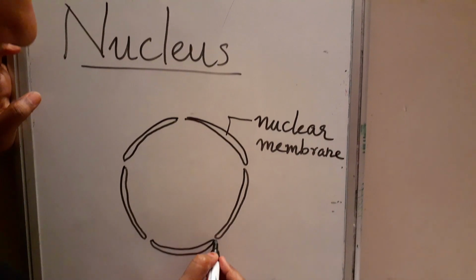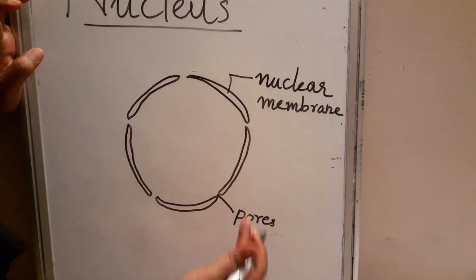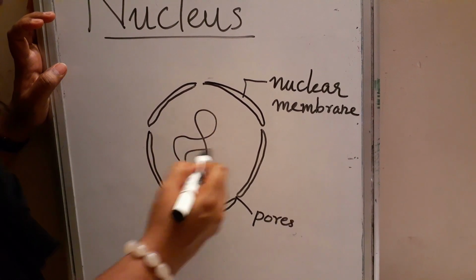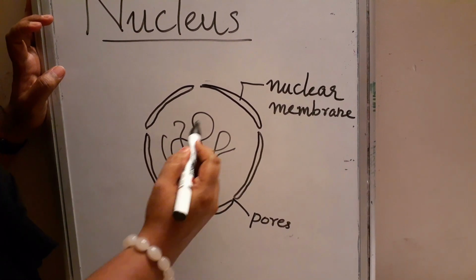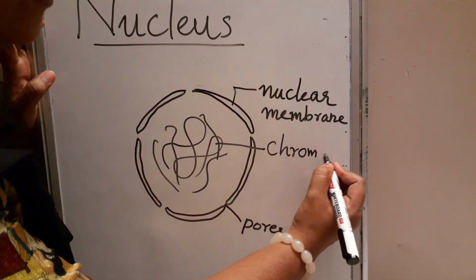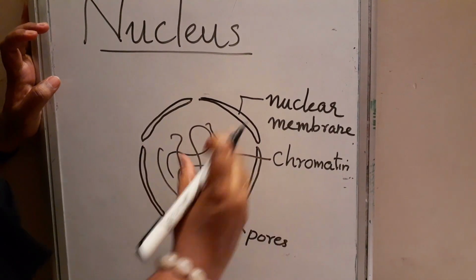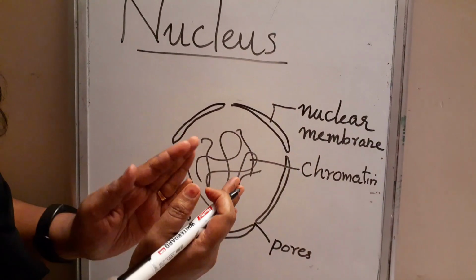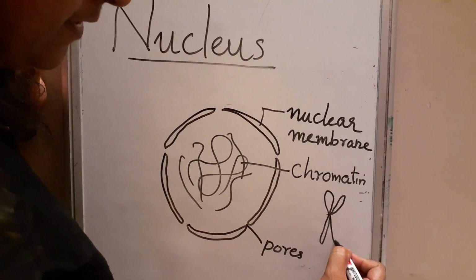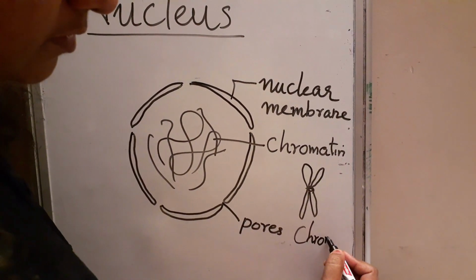You can see pores in between this which will help in the transfer of substances from the cytoplasm inside the nucleus. Here we can see some thread-like structure, that is known as the chromatin. At the time of cell division, when this cell divides into two, it will condense to a little more compact structure like this. This is known as the chromosome.